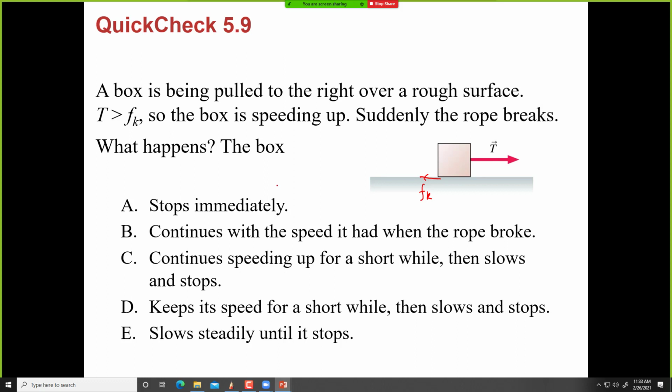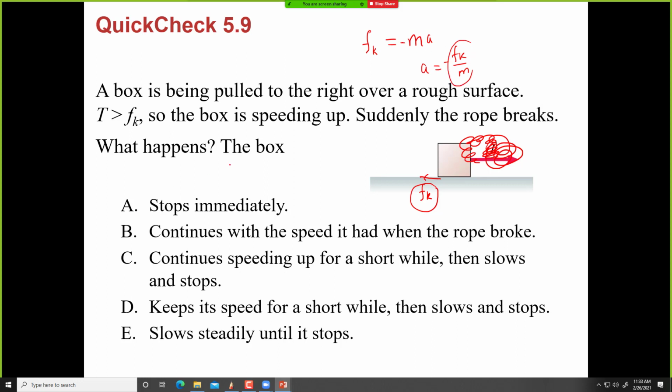So when the rope breaks, this force will be gone. There's no force on this side. The only force would be this one. Then, writing Newton's second law, the net force would be F sub k, which is equal to mass times acceleration. So the acceleration would be F sub k over m. This is in the opposite direction.